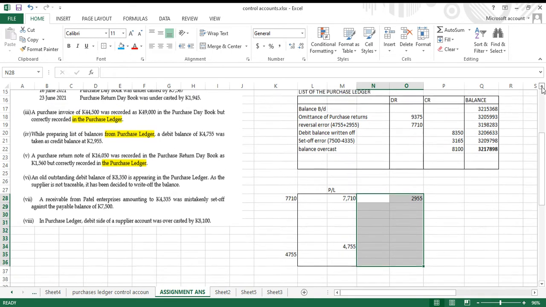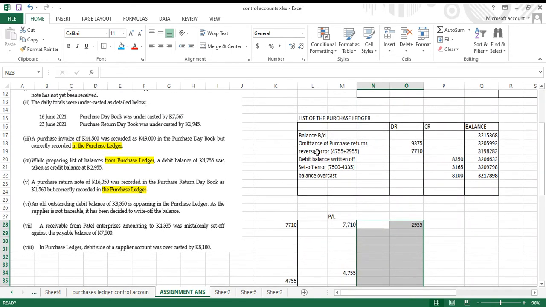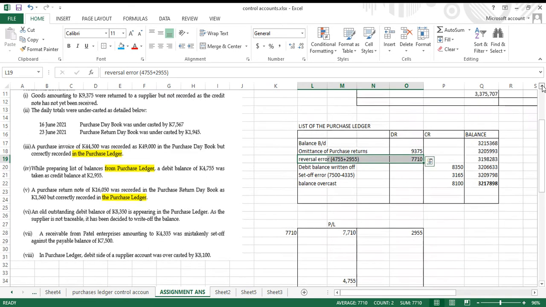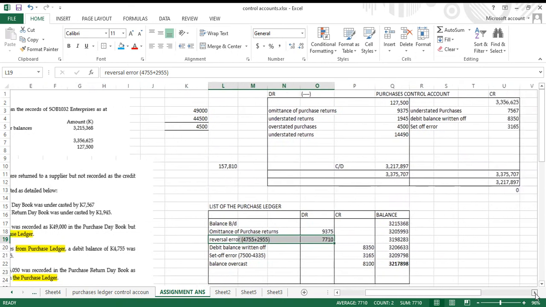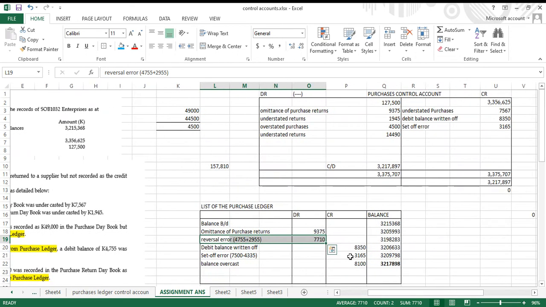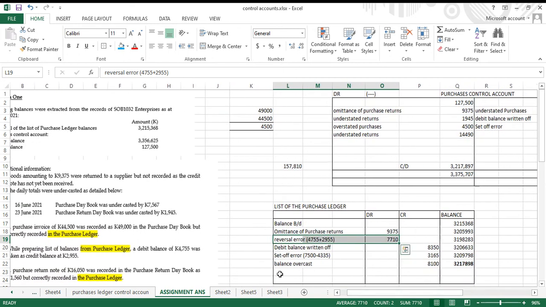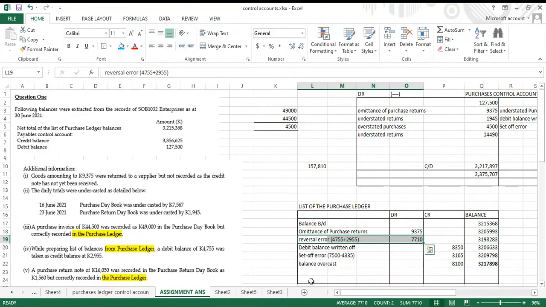So as you can see, we've debited the reversal error, debit 7,710. This one is only going to affect the purchases ledger, because it was an individual transaction dealing with one account.